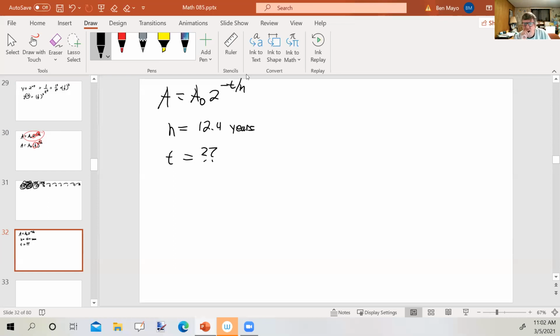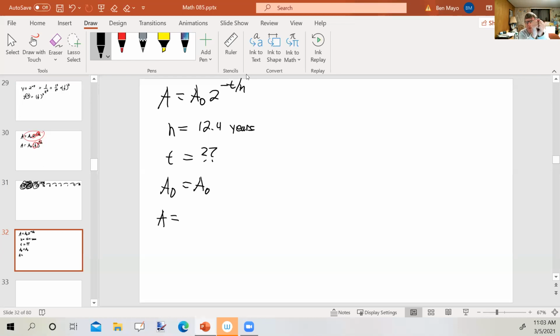This is a situation where it's kind of like yesterday, where they don't actually tell us the original amount. The original amount is just A sub 0, or A naught as it's called. The final amount: it says, how long will it take for 25% to decompose?